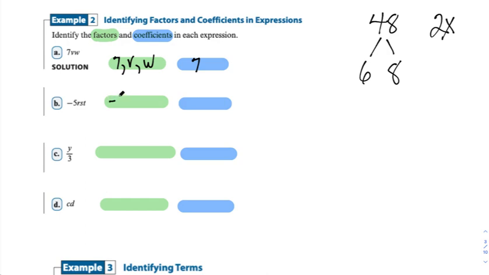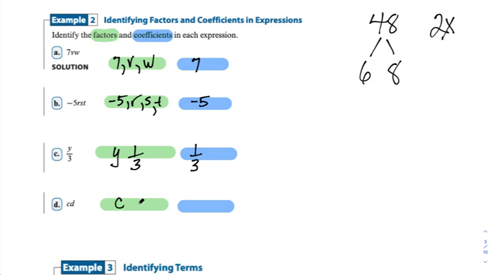Here, our factors are -5, r, s, and t. Our coefficient is -5. This looks a little tricky, but we can look at this problem as if y and 1/3 are being multiplied together. 1/3 is the real number, and so 1/3 is the coefficient.